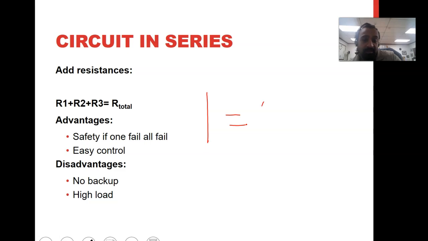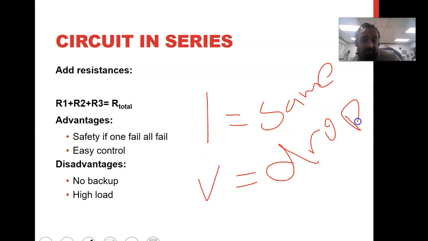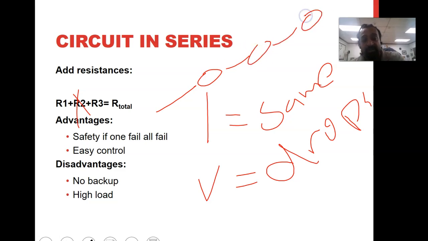Does it? Yes, it remains the same, and the voltage drops and gets used completely. What is the advantage of a series circuit? It is safety. If one of the components fails, all of them fail, because the components are going in series.